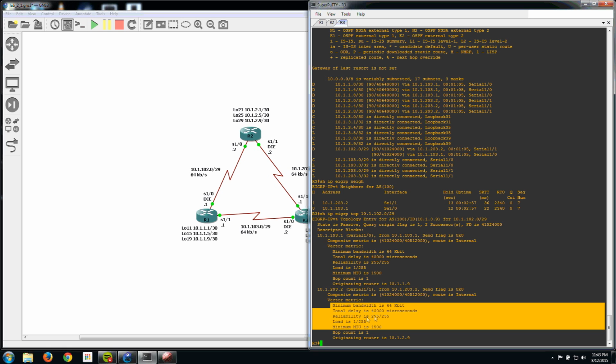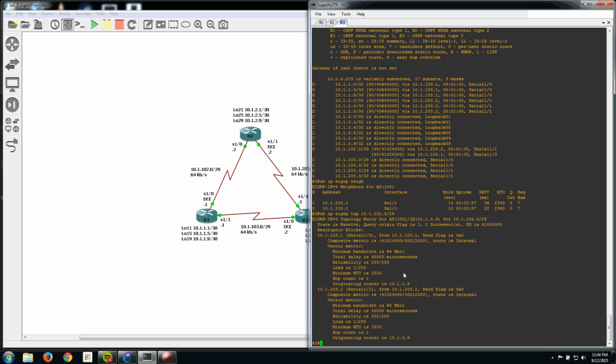And you see, comparing here, 4,000, and up here, 4,000, reliability is 255, 255, load is 1, MTU is 1,500. So there is no way for EIGRP to distinguish a tiebreaker for this route, and because of that, it is going to equal cost load balance between both of these links. So hopefully that makes sense there.